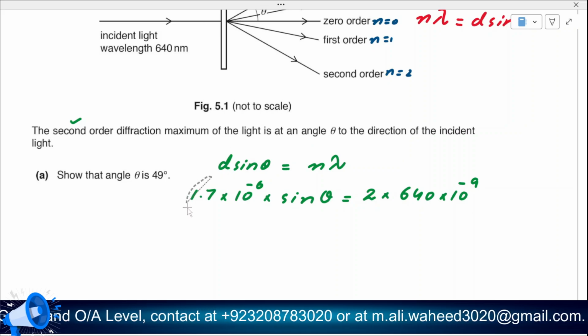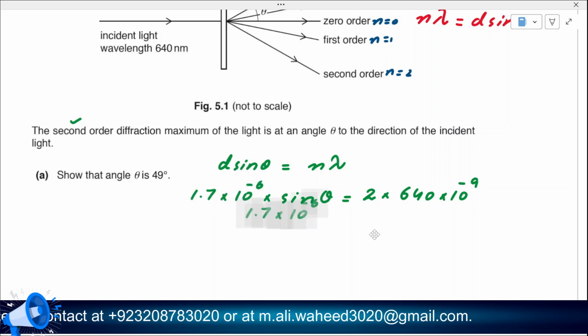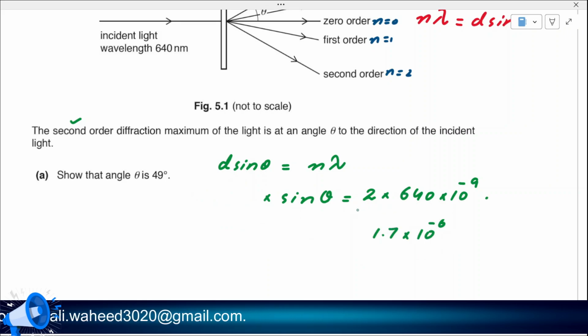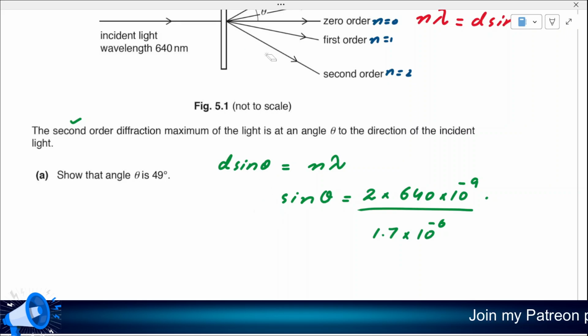So this thing would be shifted to the other side in the denominator. And then I can take sine inverse of whatever my answer is on the right side.